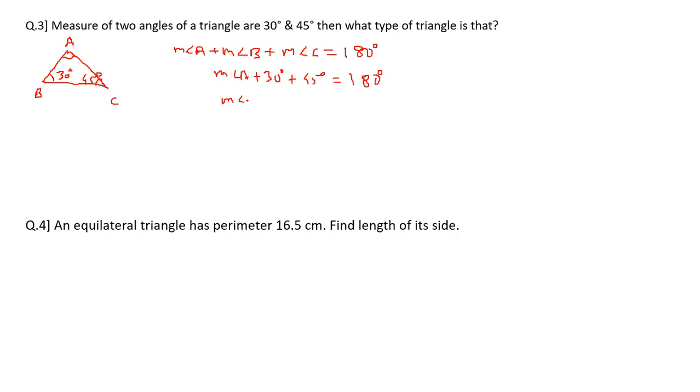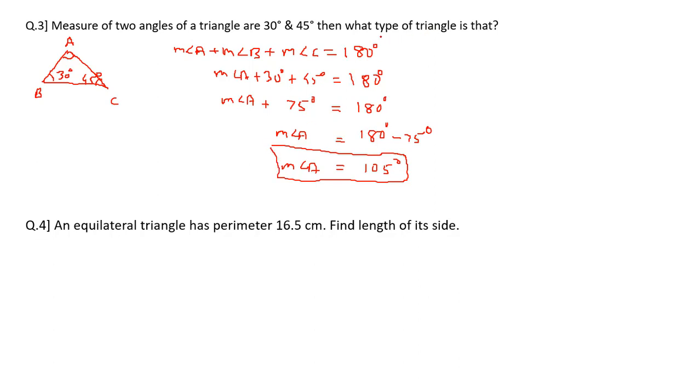Now 30 plus 45 is 75. So measure angle A is equal to 180 degree minus 75, that is 105 degree. So measure angle A is 105 degree.